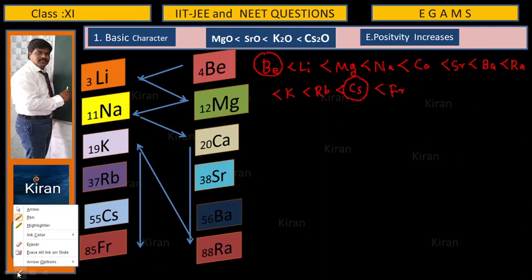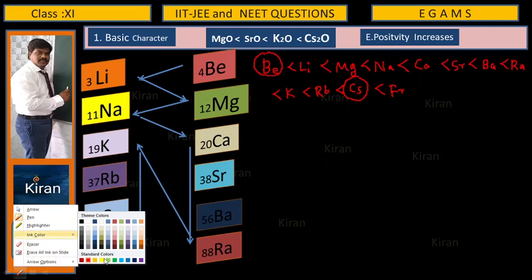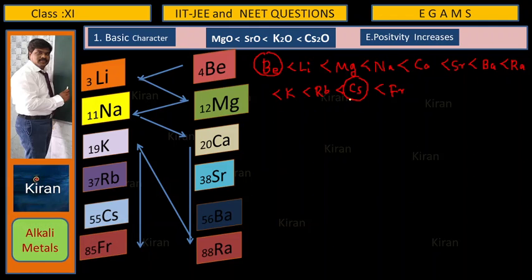As per the given question, there are four elements. The first element is cesium, the second is potassium, the third is strontium, and then magnesium. Now you have to write the order. Cesium is the biggest atom among these four.